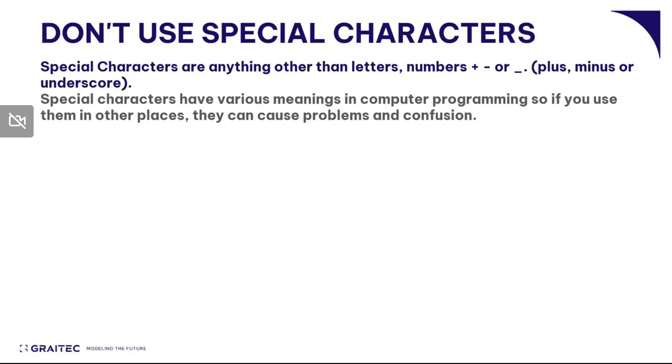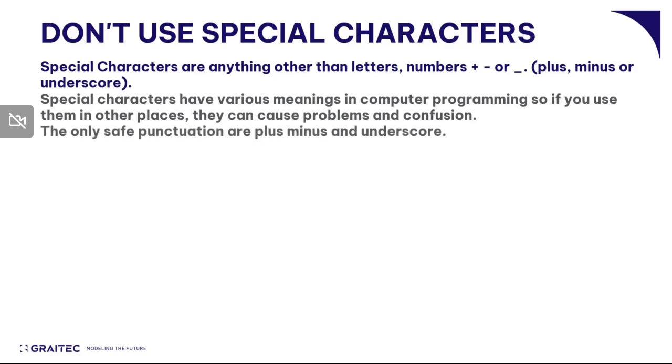They can all have special meanings in computer programming. So if you use them in other places, when the computer program tries to process that value, it doesn't read what you think it reads. It means something special to the computer, and it causes all sorts of problems and confusion and trips up the code and can cause errors in your functionality.